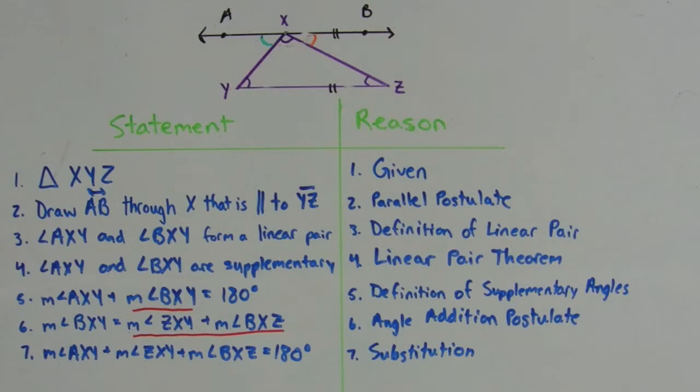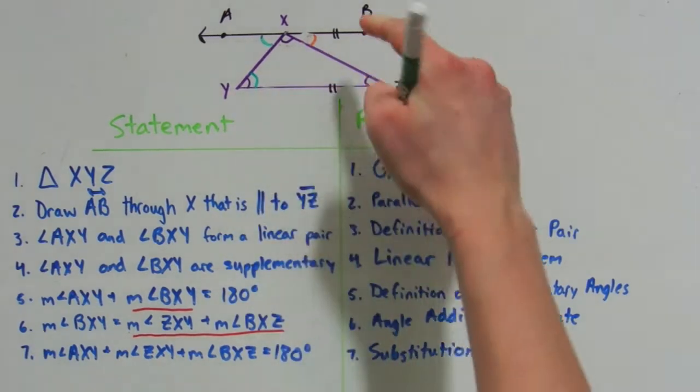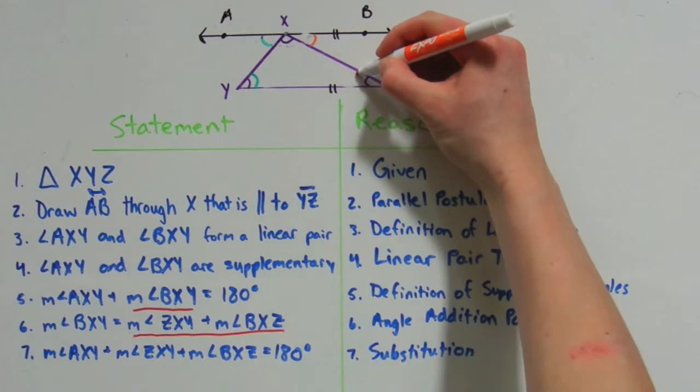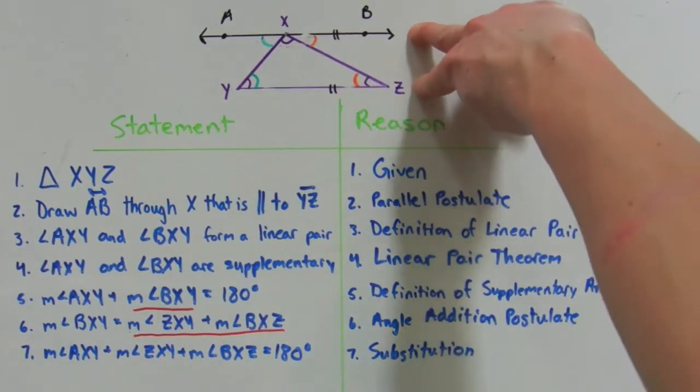Now we can use the alternate interior angles theorem. AXY is congruent to this angle Y, and BXZ is congruent to this angle Z, because of the alternate interior angles theorem, since this line and segment are parallel.